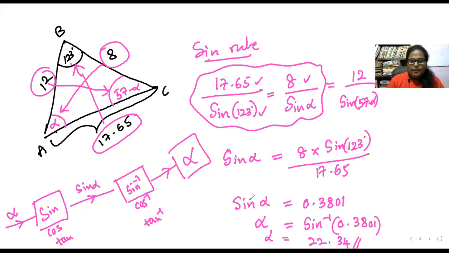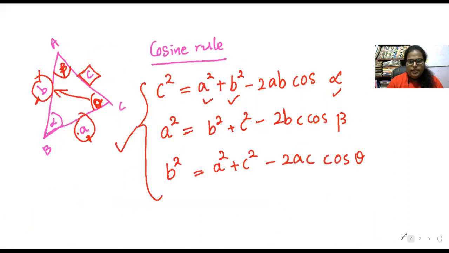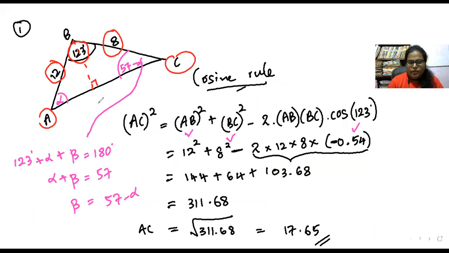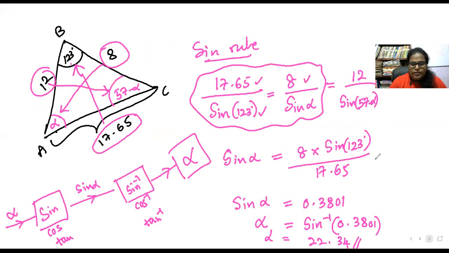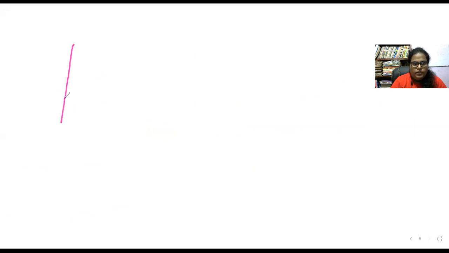Okay, then we'll see the next one. It is asking the area of this triangle. You know from your O/L times also that we can get the area of a triangle.